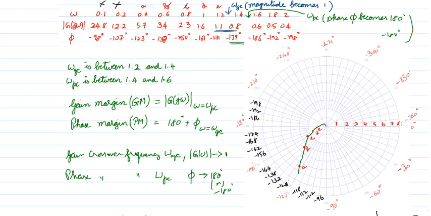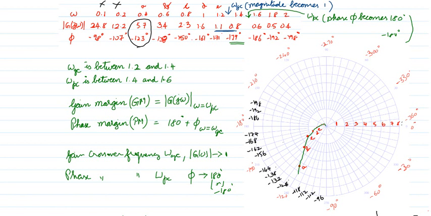Now come to the third value, that is omega equal to 0.4. What is the corresponding magnitude? 5.7. The corresponding phase angle is minus 123. So I am going to plot these two values, 5.7 and minus 123. Look at the graph. Where is 5? It is here. Where is 6?